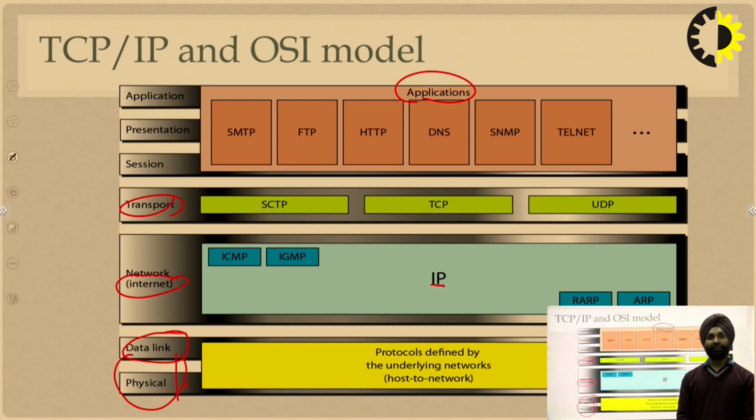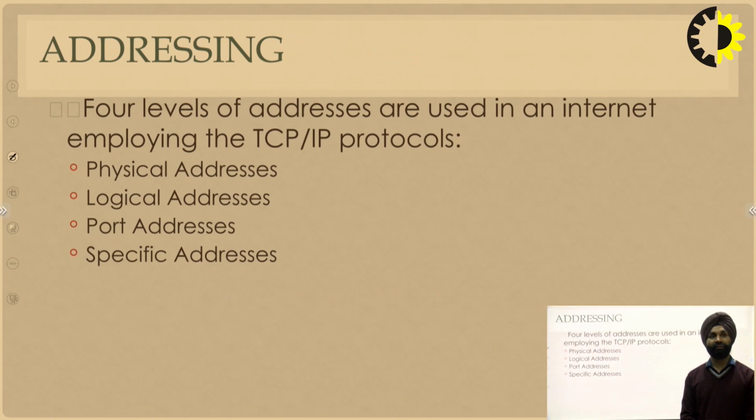Now TCP/IP works for host to destination delivery by using different addressing schemes. There are 4 basic addressing schemes required for the delivery of a message from the source to the destination: physical address, logical address, port address, and specific address.